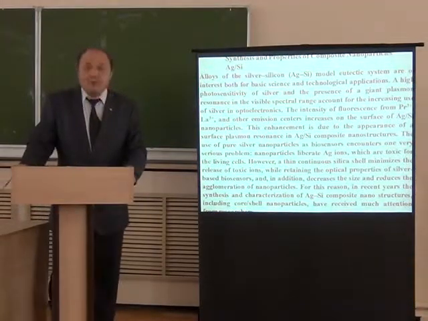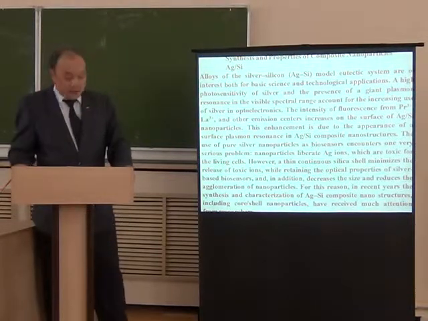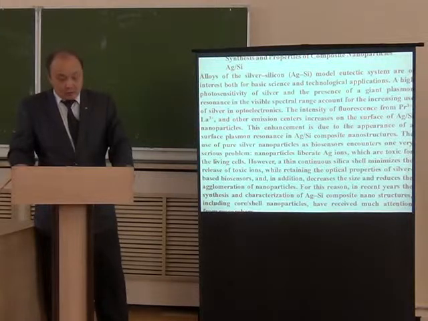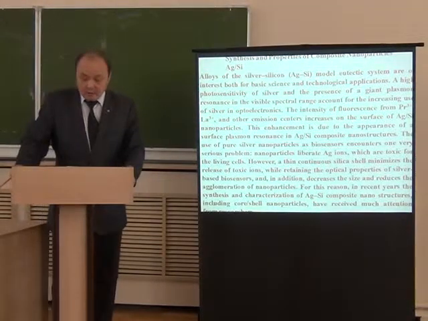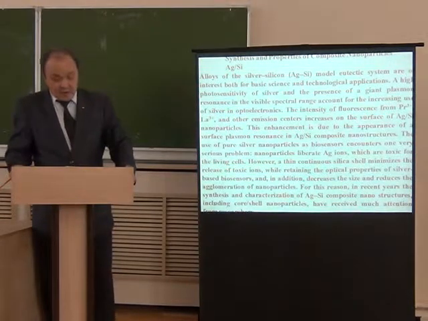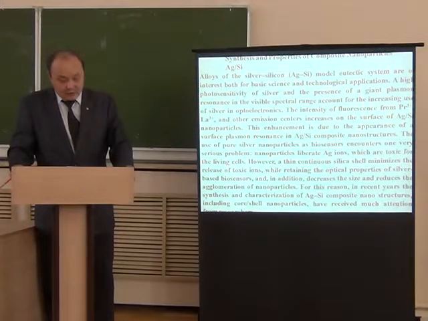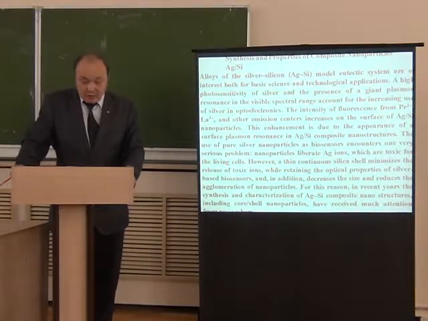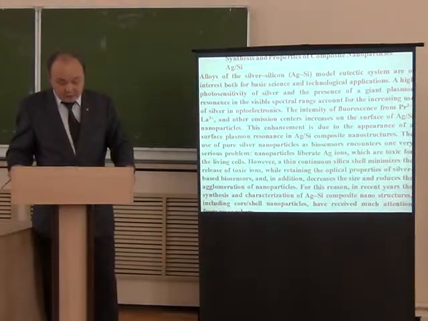Synthesis and properties of composite nanoparticles: argentum-silicon. Alloys of the silver-silicon model eutectic system are of interest both for basic science and technology applications. The higher photosensitivity of silver and the presence of giant plasmon resonance in the visible spectral range account for the increasing use of silver in optoelectronics.